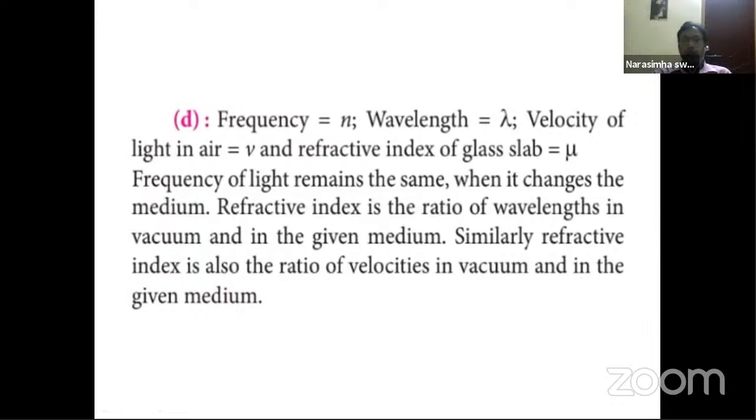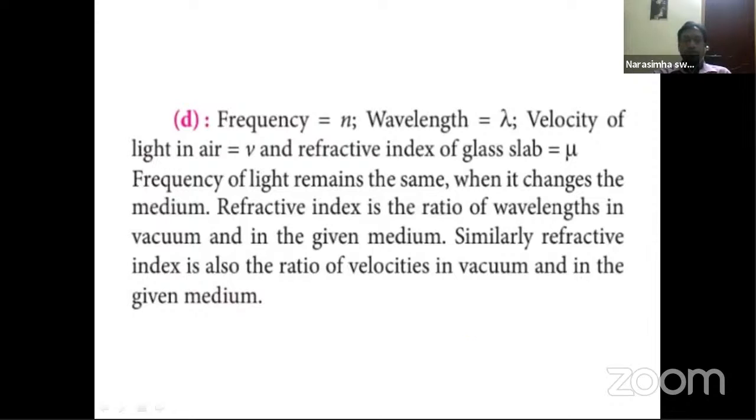Now when it changes medium, the medium has some refractive index, which is the ratio of wavelengths in vacuum and in the medium, since refractive index is the change in velocity from air to the medium. This change is given in terms of wavelength, and similarly refractive index is also the ratio of velocities in vacuum and in the given medium.